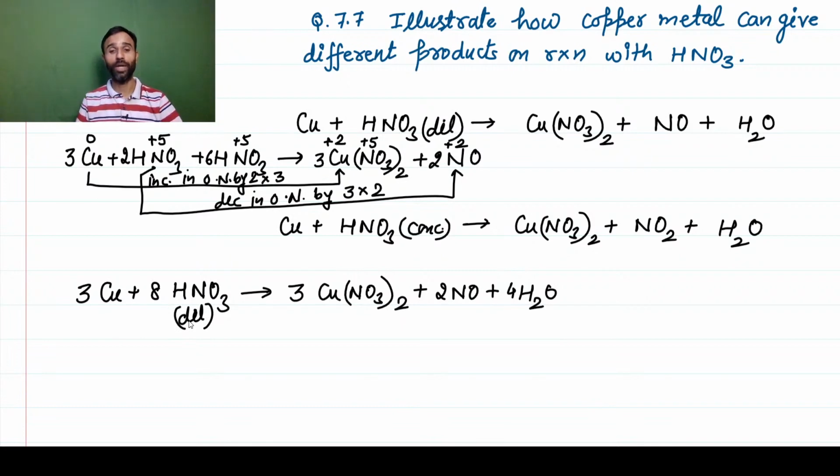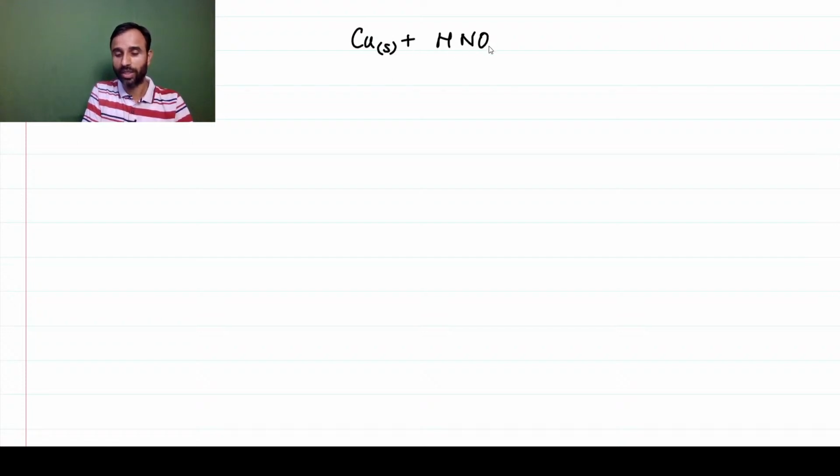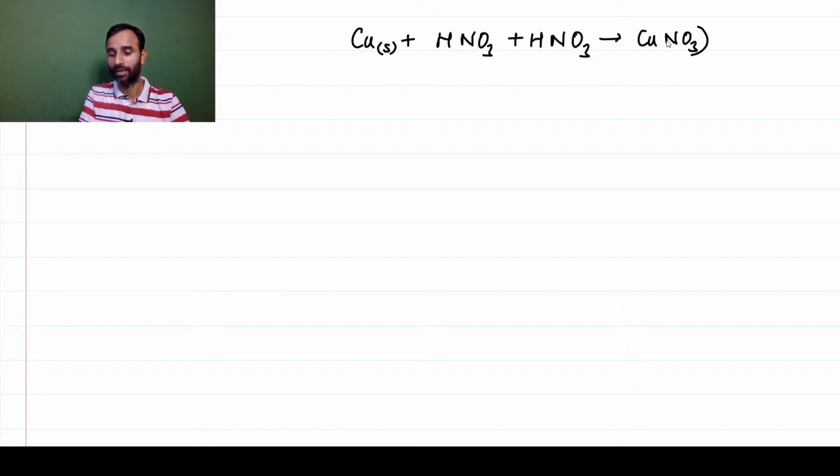Now, if we compare for concentrated, to have this copper solid plus concentrated HNO3, again you should write it 2 times to give copper nitrate along with NO2.